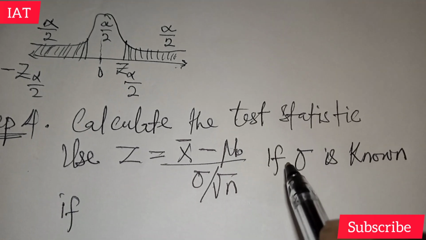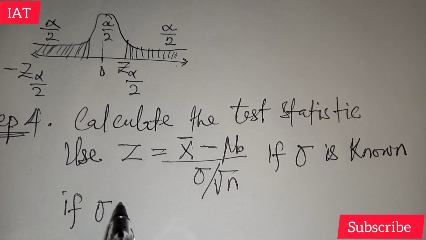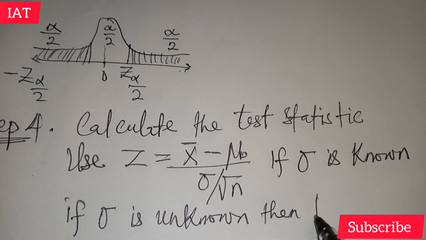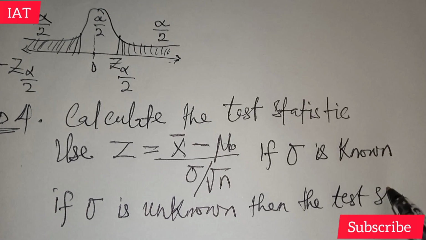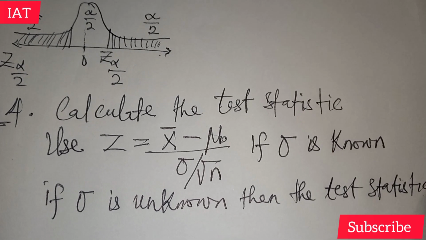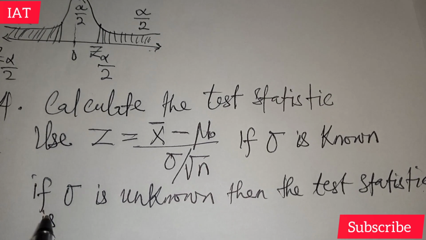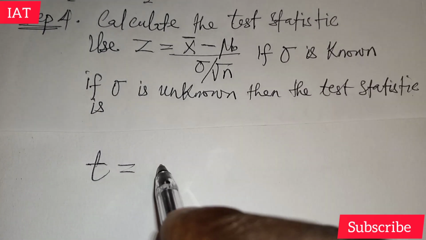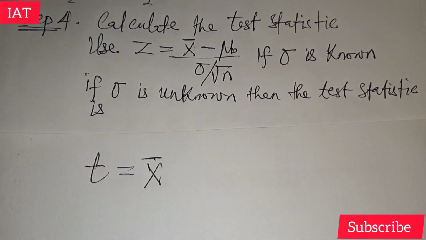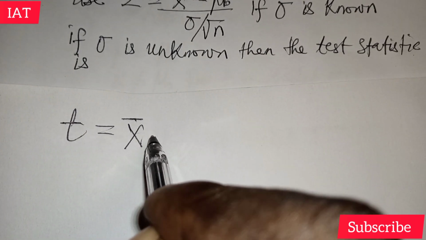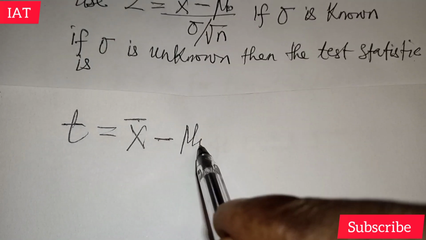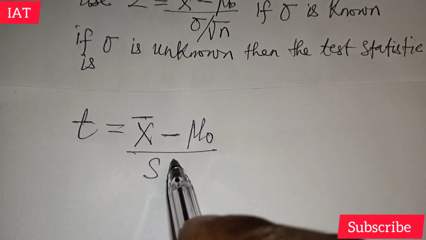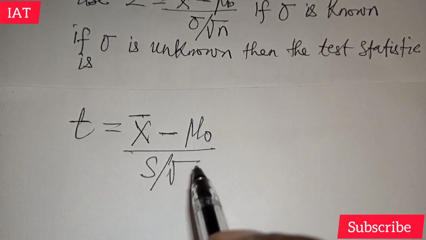Again, if this population standard deviation is unknown, then the test statistic is t equals the sample mean minus the population mean over the sample standard deviation divided by the square root of the random sample size n.